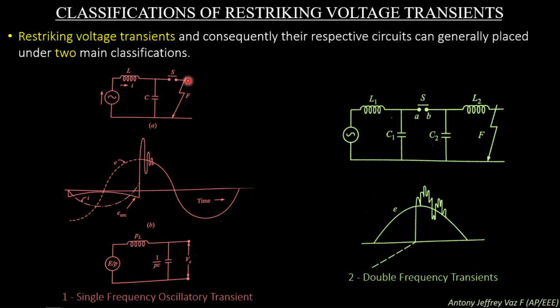In a single frequency oscillatory transient, the fault occurring in the system is very near to the station. Similarly, in double frequency transient, the fault occurring in the transmission line is very far away from the power system or the power generating station.